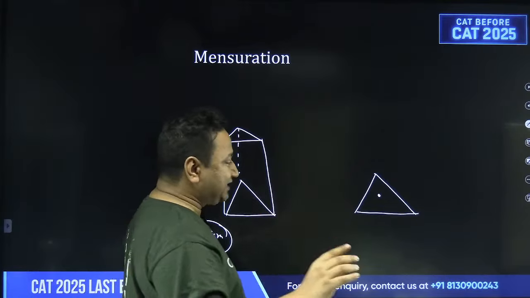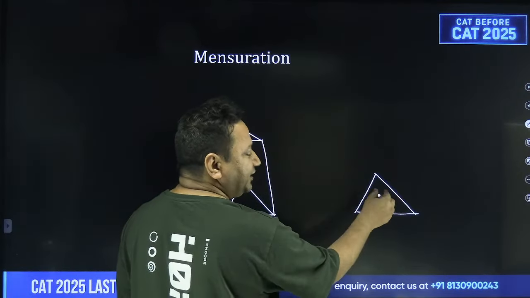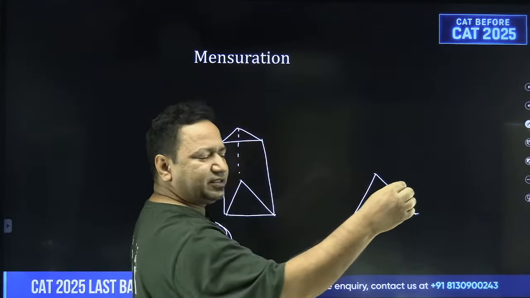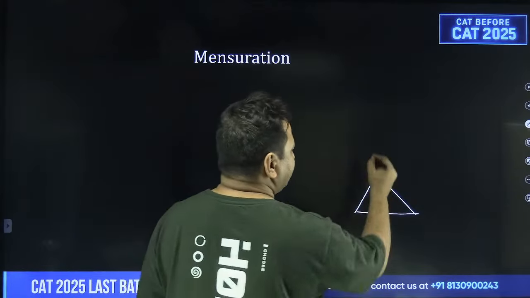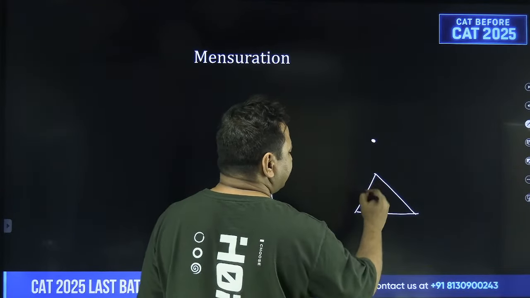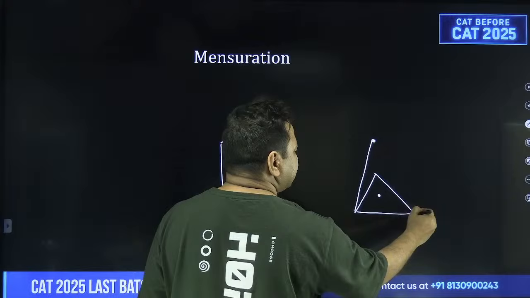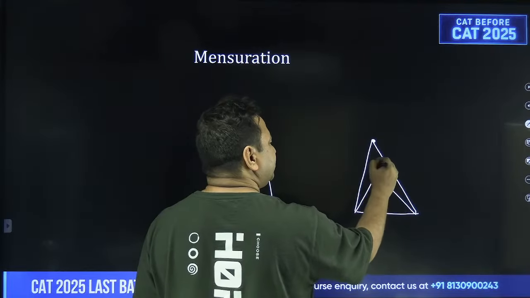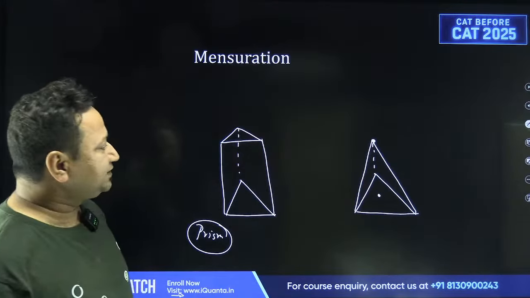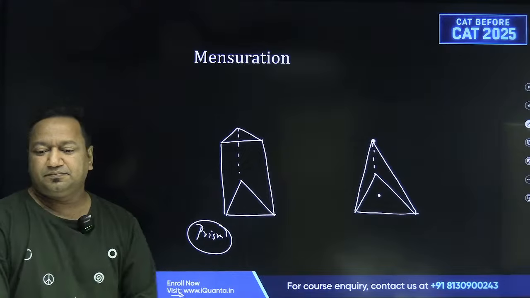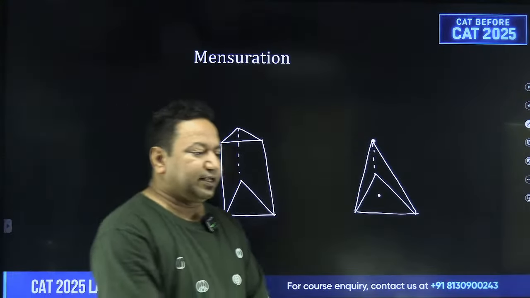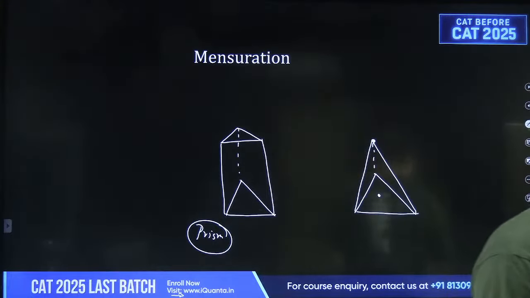You get it? Not the sides, just the midpoint, the centroid in this case. I pull it. So what kind of figure do you see? There will be a point that grows outward, and all the vertices will be connected to that point. Now you see the difference? Clear? That is the pyramid.